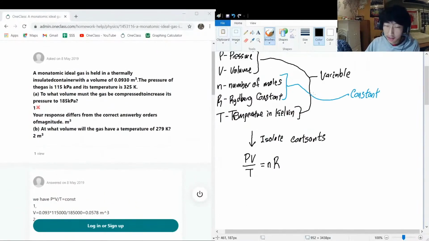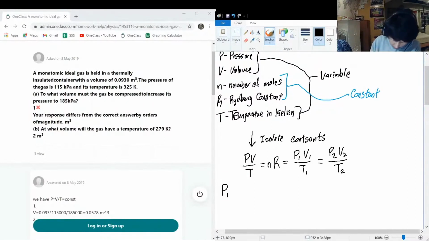So let's actually say we can have pressure 1, volume 1, temperature 1 is equal to pressure 2, volume 2, and temperature 2. So temperature 2 can be what we have finally, and the 1 values correspond to what we have originally. So let's actually write out these values.